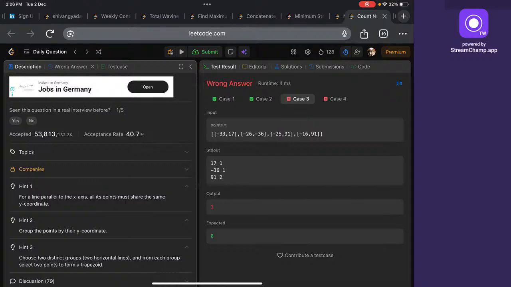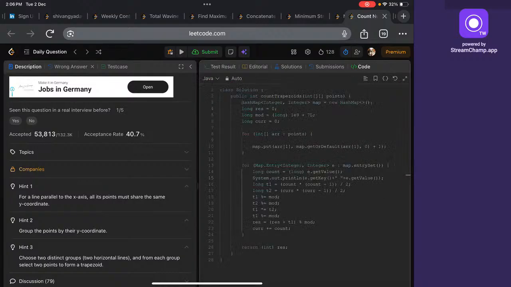Now choose two distinct groups, and from each group select 2 points to form a trapezoid. And all the points should be parallel. It's not mentioned, right? This is very wrong behavior by LeetCode.